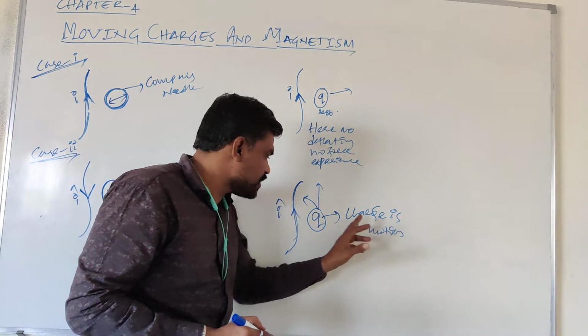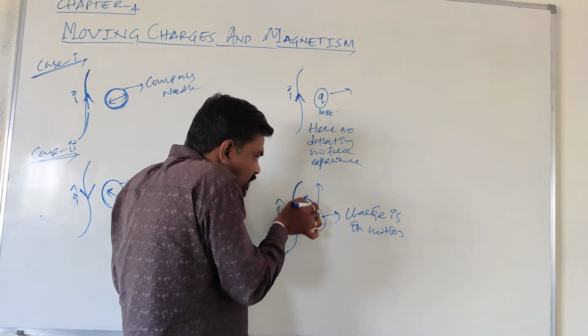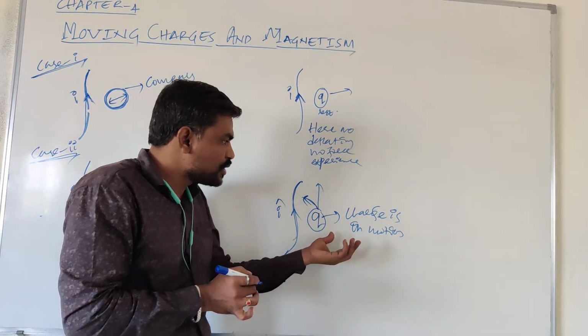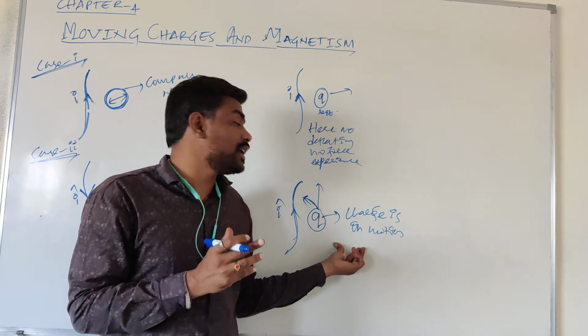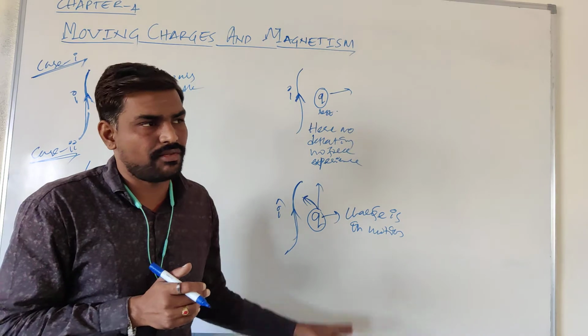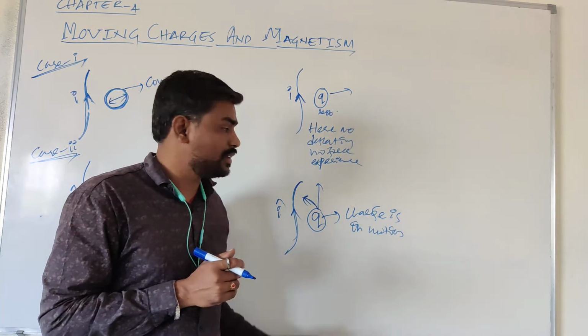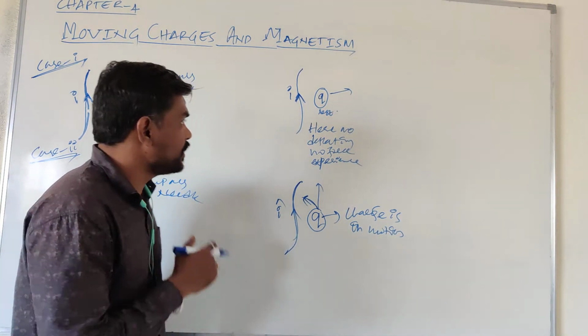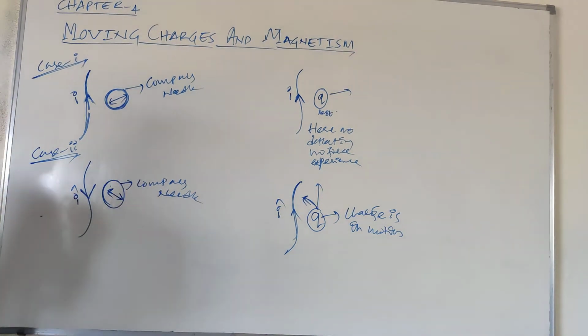When the charge is in motion, it deflects like this. So there is a force acting, a force is experienced in this case, right? So that is important: the charge is in motion.